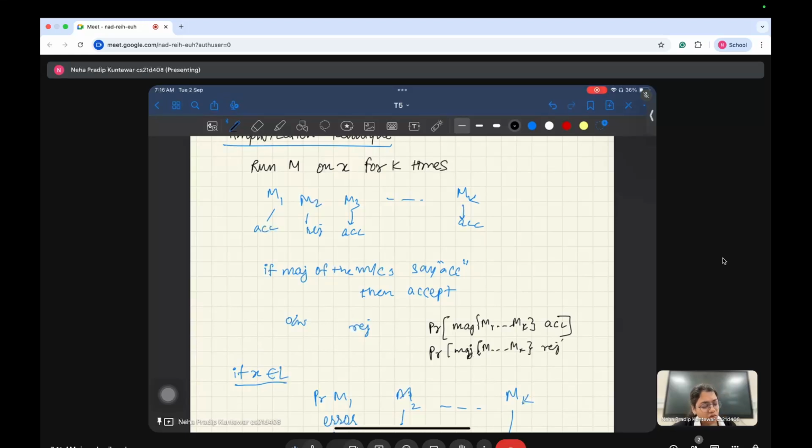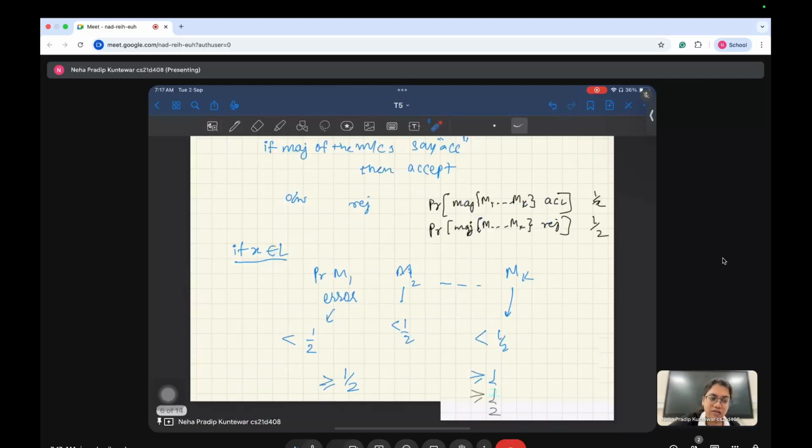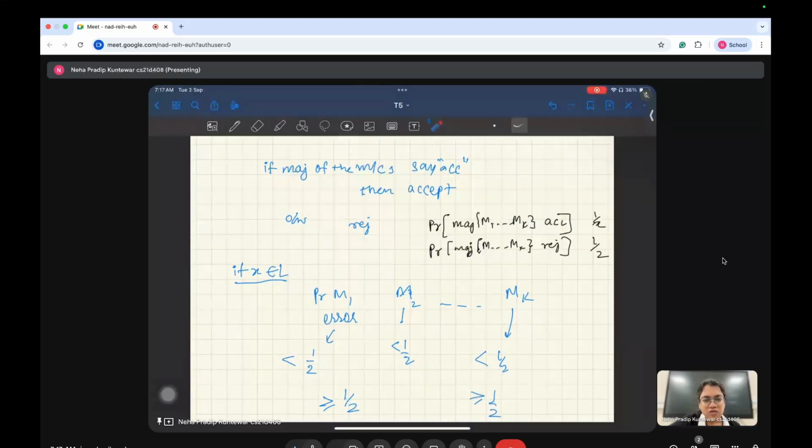This will turn out to be again half and half, because there's really no correlation between the output of M1 to Mk. With half probability it's going to say accept, with half probability it's going to say reject. So overall the majority is going to accept with half probability and reject with half probability. Therefore, even though we have run M k many times, it has not really helped in getting any confidence in the answer.